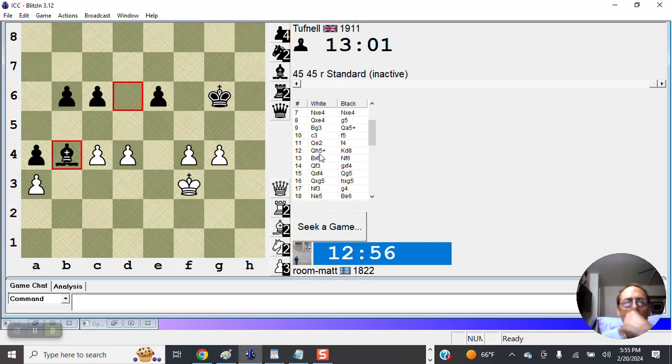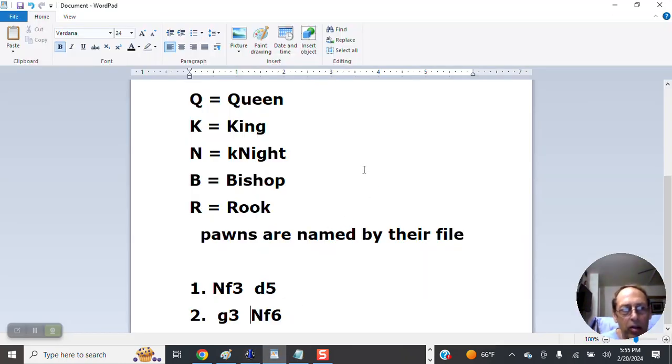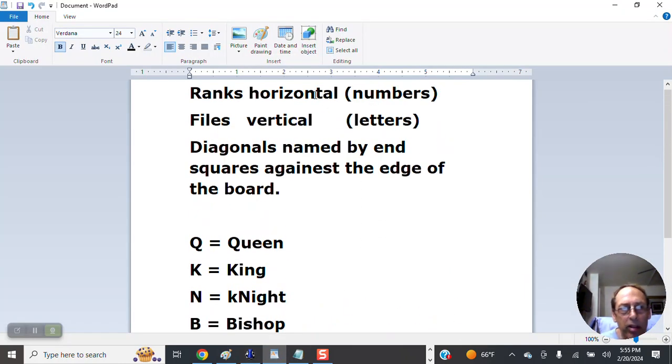Okay, so I would call this lesson number 2, and we want to remember that the ranks are the horizontal rows that are with numbers. Files are the vertical, straight up and down with letters. Columns. Diagonals are named by the end squares against the edge of the board.